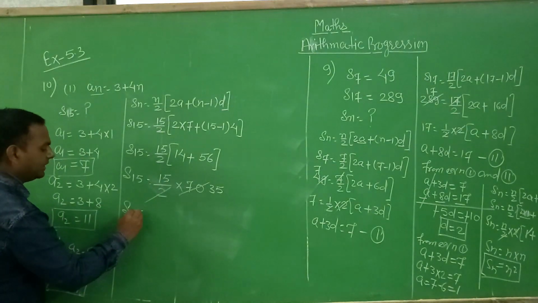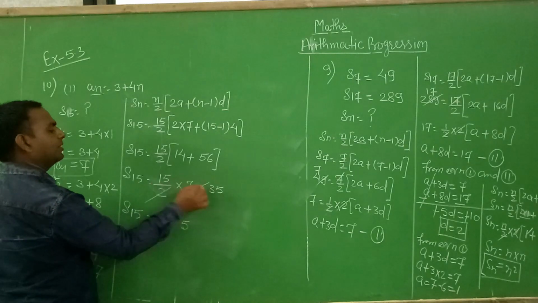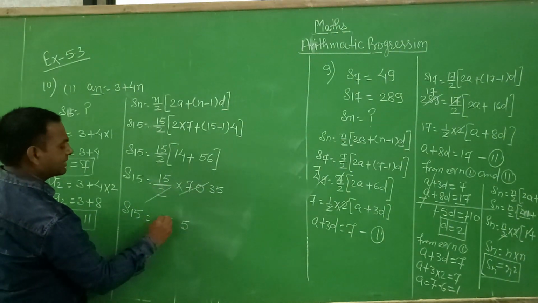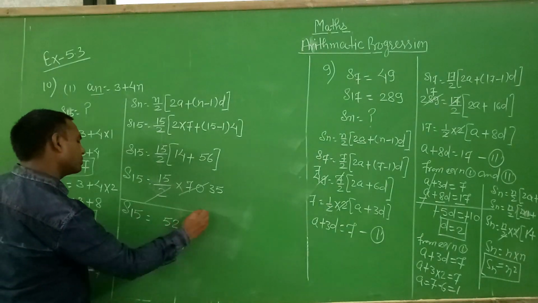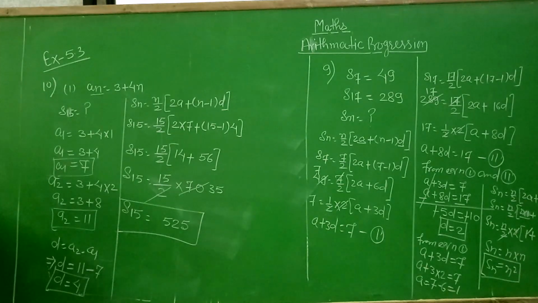So S15 is equal to 15 times 35, which is 525.